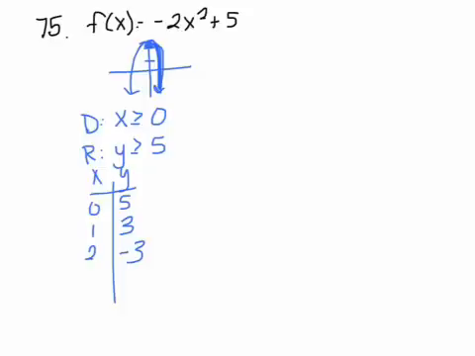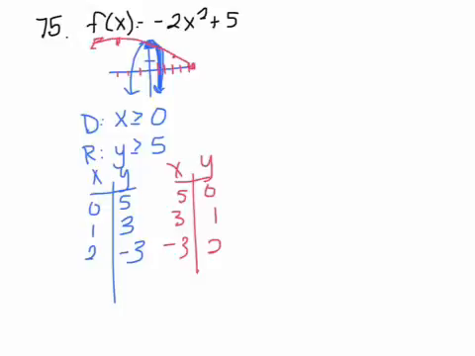So we're going to find the inverse, and the inverse is going to switch these two pieces. So my inverse in this case is going to be 5, 0, 3, 1, -3, 2. So it's going to look something like that.